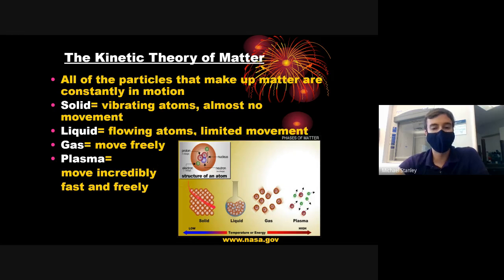So on our little diagram over here, the further you get to the right in terms of your state, the faster and more movement and higher energy your matter has. And that's just what the kinetic theory says, is that all particles are in motion, but how much motion depends on if they're a solid, a liquid, a gas, or a plasma.